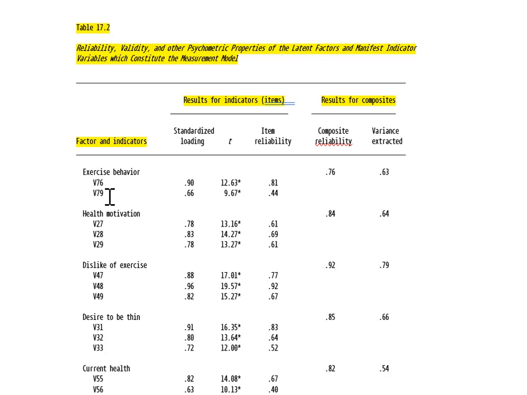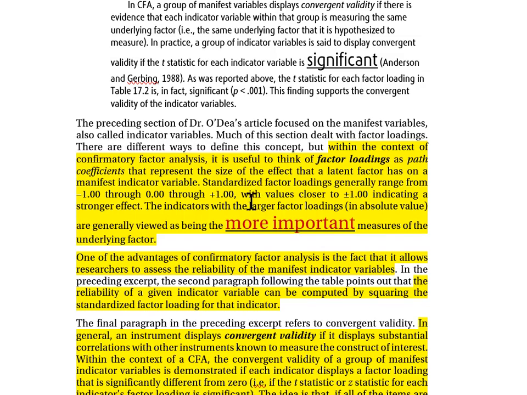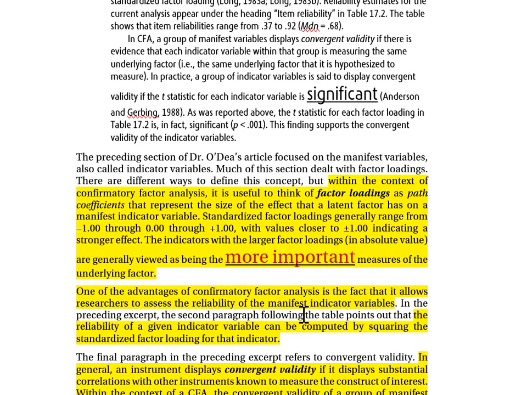For item V79, size of its standardized loading is 0.66. Let's square it. 0.66 times 0.66 is 0.44. That's the item reliability for that item as a measure of the factor exercise behavior. Now let's go back to the text where I'm making sense of it, where I'm interpreting it. We go back to page 13.